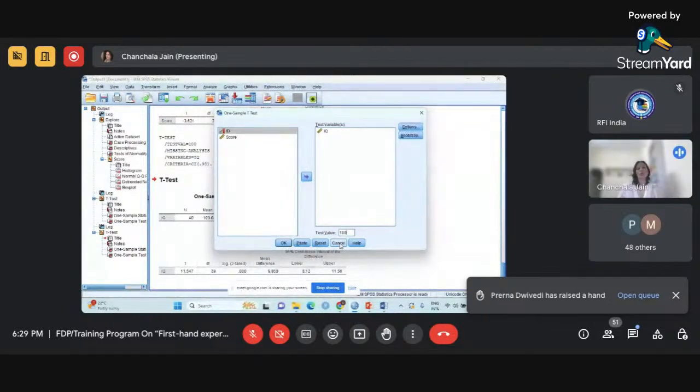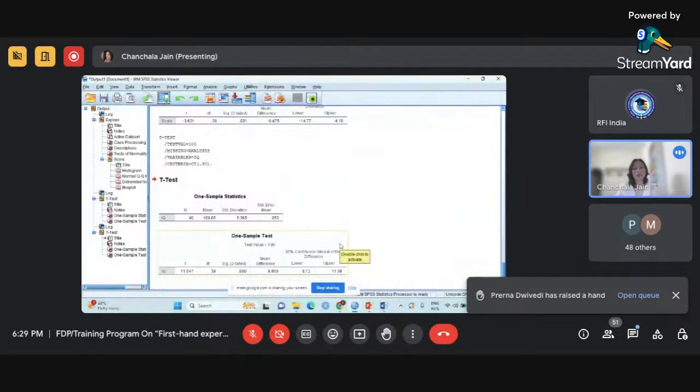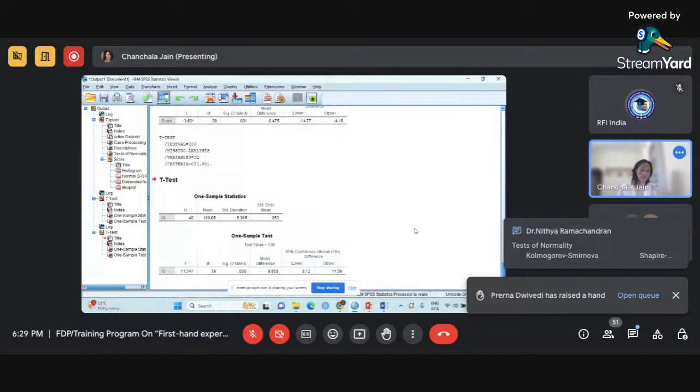You can press OK to generate the output, and this is the output for IQ. I hope you all have got the same, but firstly, you need to tell me whether the IQ is normally distributed or not.